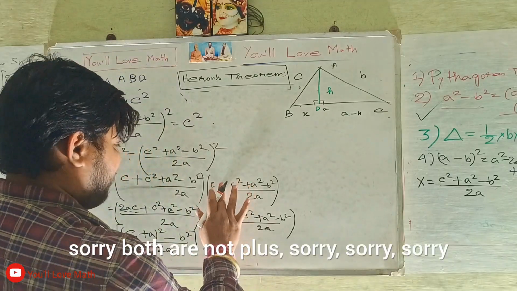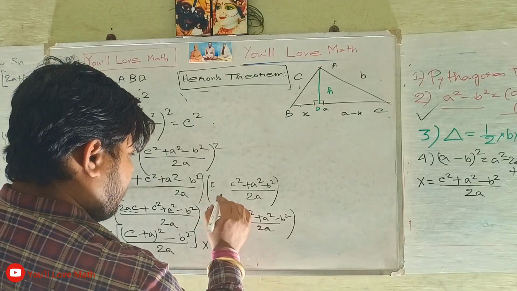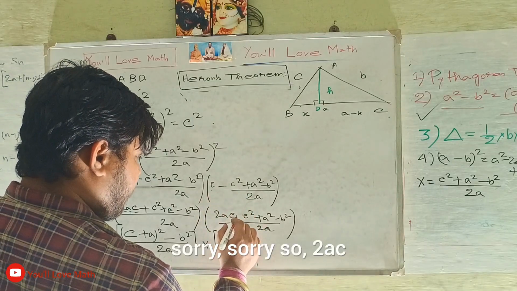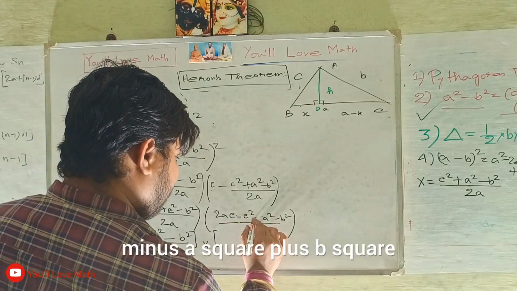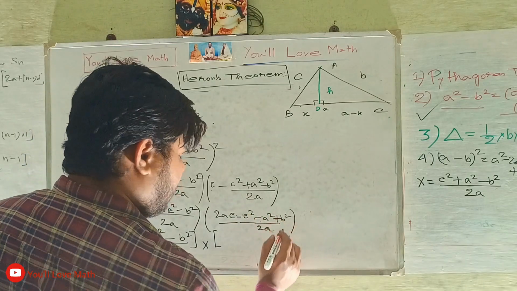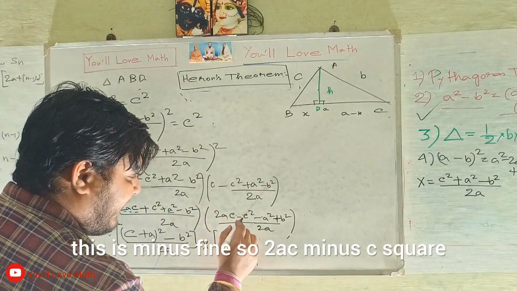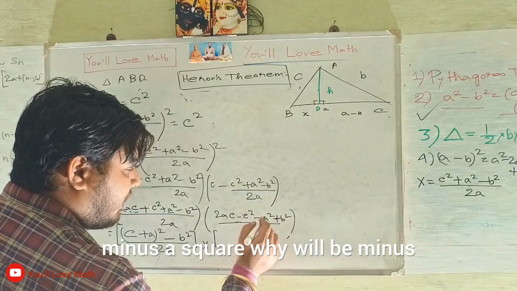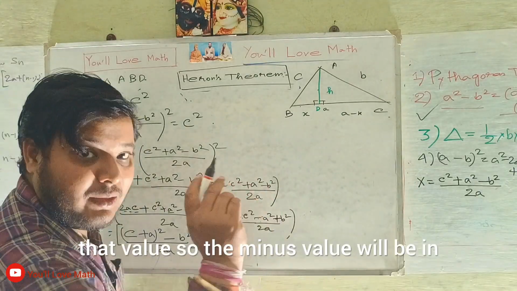Sorry, both are not plus. So 2AC minus C square minus A square plus B square. There was a mistake, both are not plus, this is minus. Fine. So 2AC minus C square minus A square. Why will it be minus? Because minus is in front of that value.